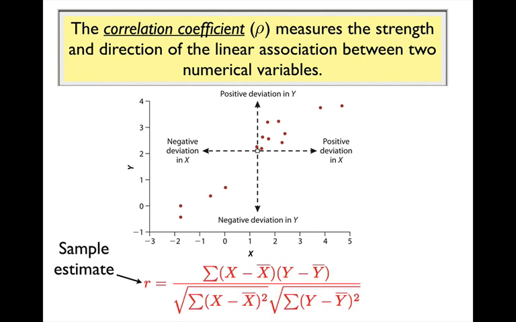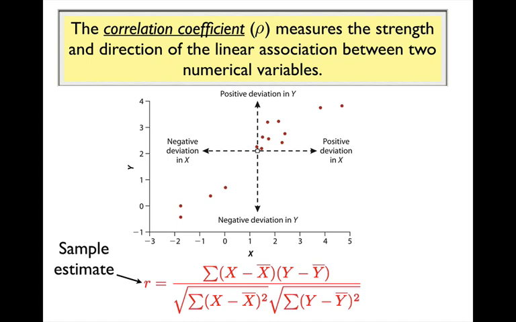So our R, again, this is our sample estimate. For our population, we don't have access to all the data, but for a sample, we do. You take the distance between x and its mean, so that would be this distance between that and here, times the distance between y and its mean. Okay, so this numerator is going to be positive whenever you're over here or you're over here.